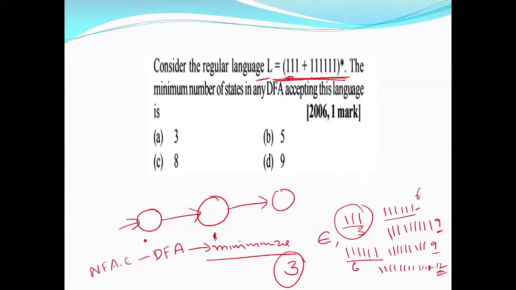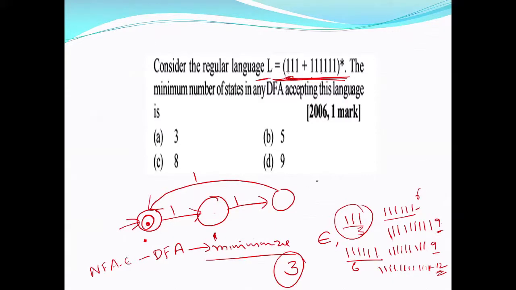After 2, if you get one more, you come here, right? 0 ones you are here, then 3 ones, 6, 9, 12.